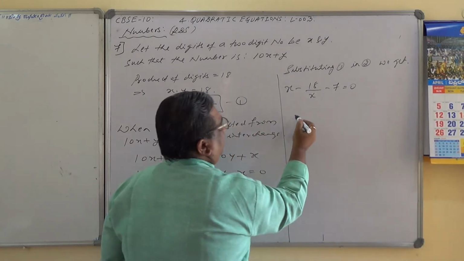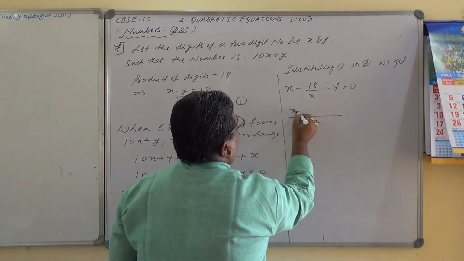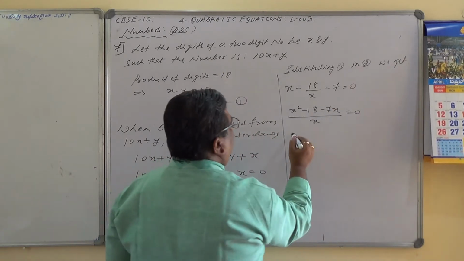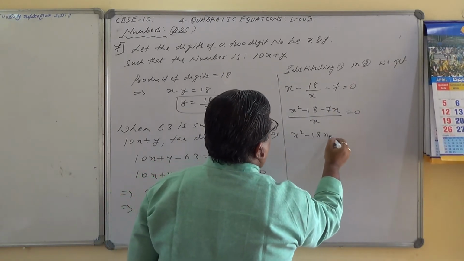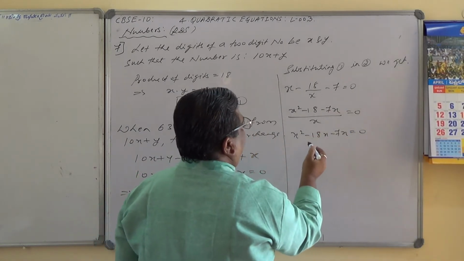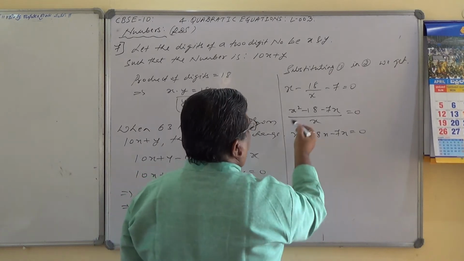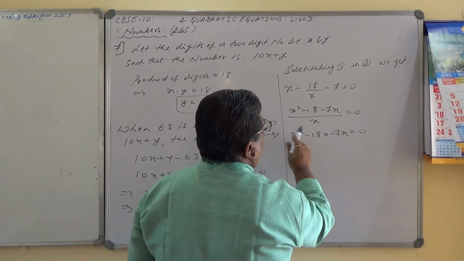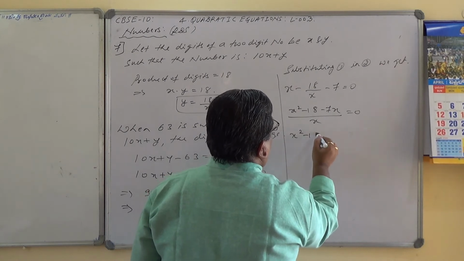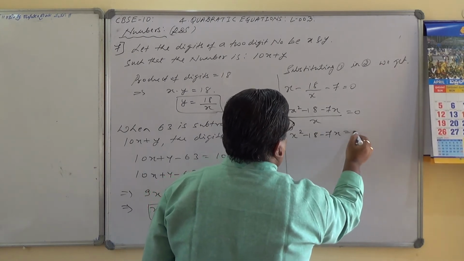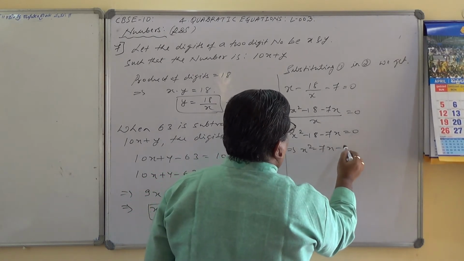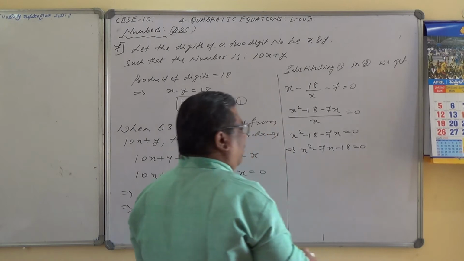Take LCM over here, x, so x square minus 18 minus 7x equals 0, implies x square minus 7x minus 18 equals 0.